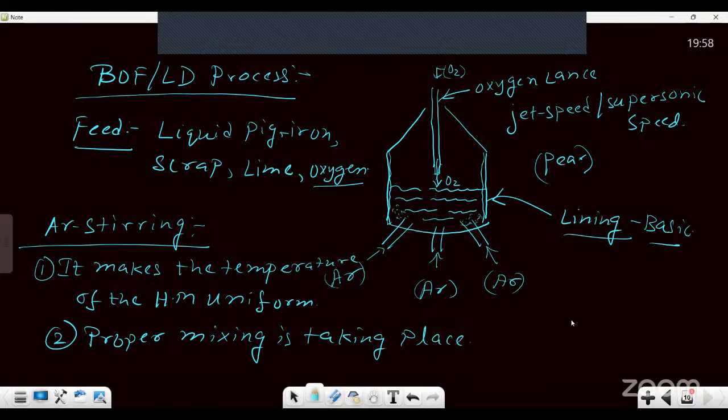All these things are happening because of the argon stirring, right?